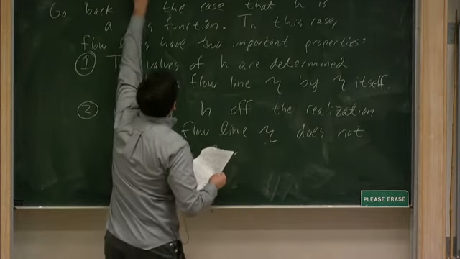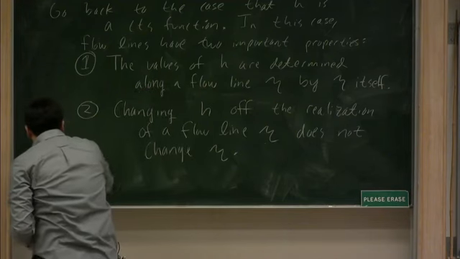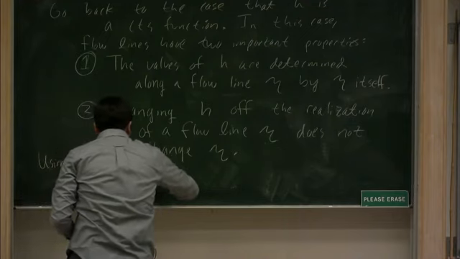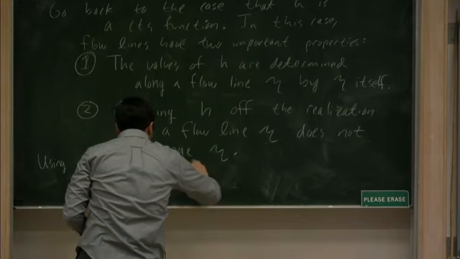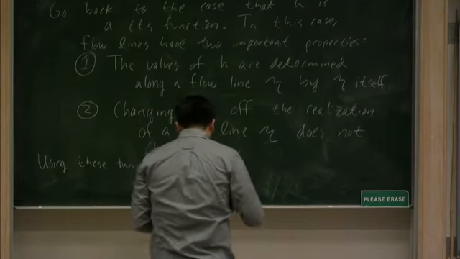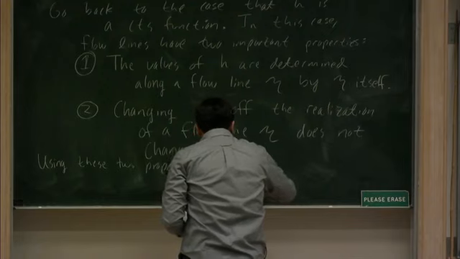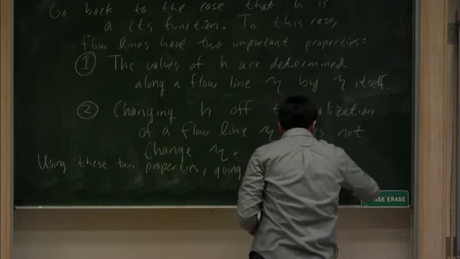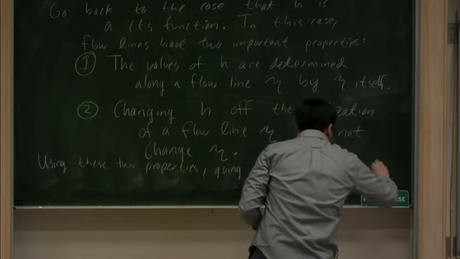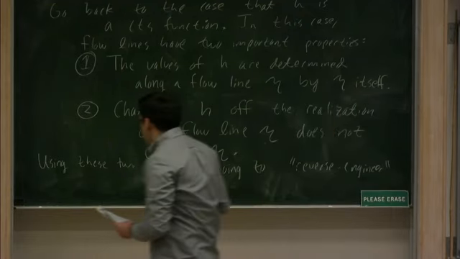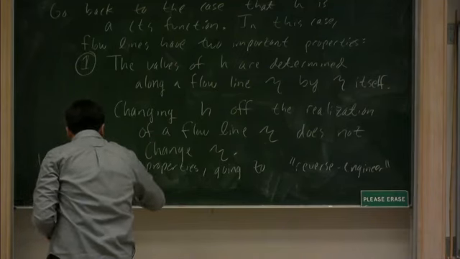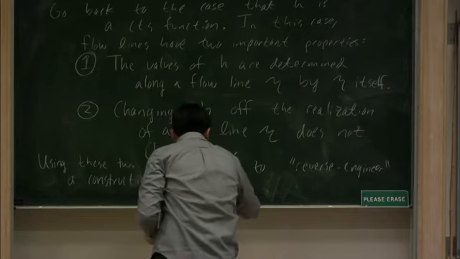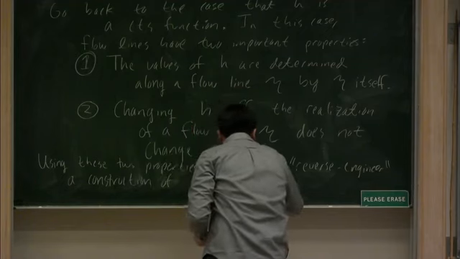Okay, and so now using these two properties, what we're going to do is try to reverse engineer a construction of Gaussian free field flow lines, so when h is actually a Gaussian free field.